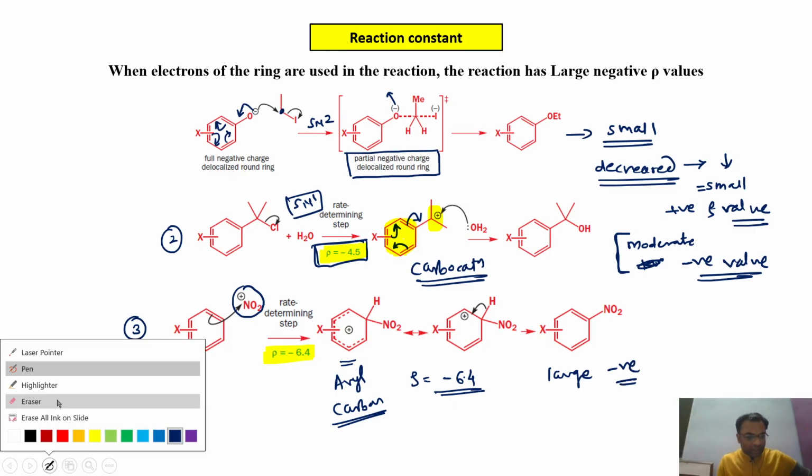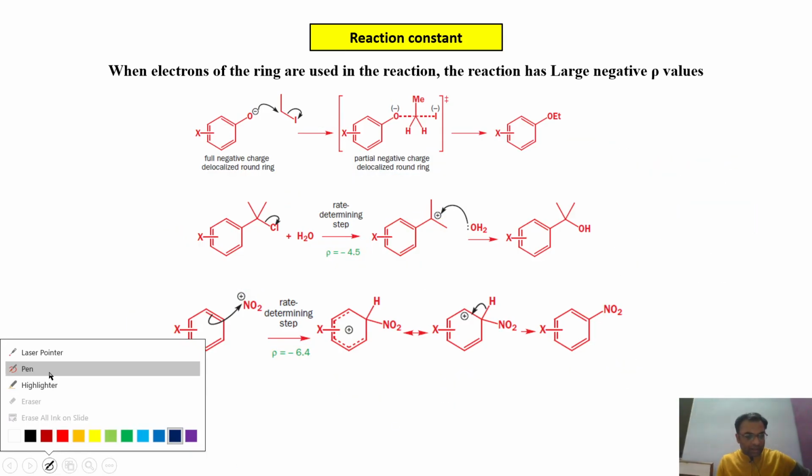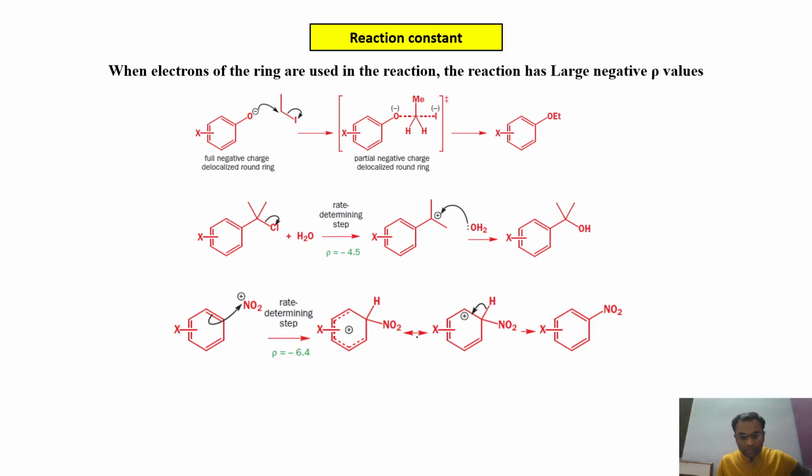So in conclusion, we can say that whenever there is a formation of positive charge directly on the ring, it will have a large negative rho value.